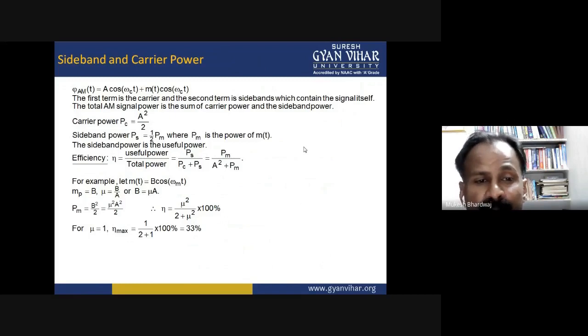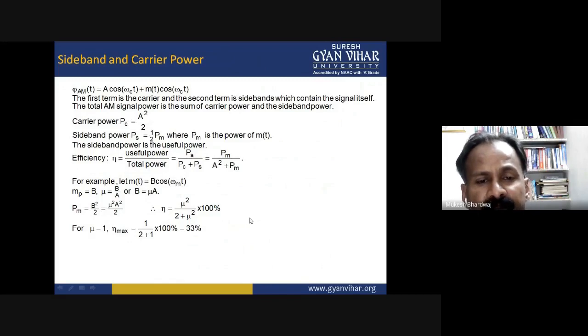For example, let m(t) equal B cos omega_m t. So m_p equals B, mu equals B by A, or B equals mu A. So P_m, that is B squared by 2, can be written as mu squared A squared by 2.